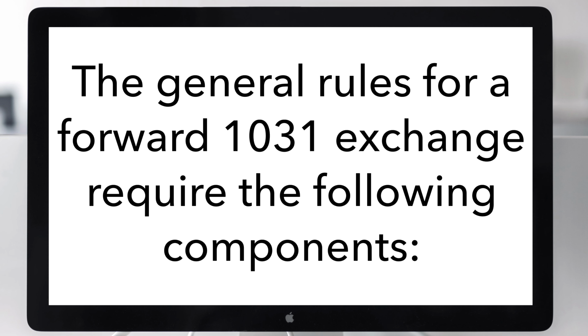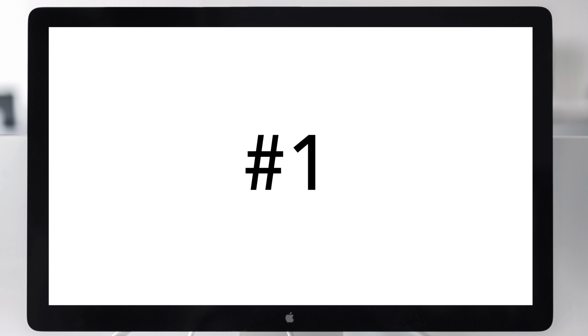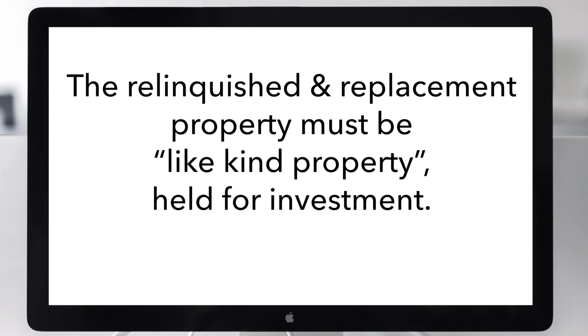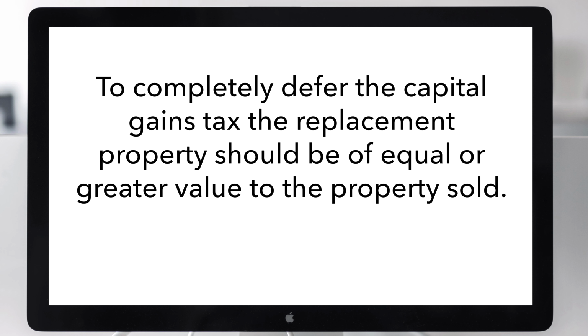The general rules for a forward 1031 exchange require the following components. The relinquished and replacement property must be like-kind property held for investment. To completely defer the capital gains tax, the replacement property should be of equal or greater value to the property sold.